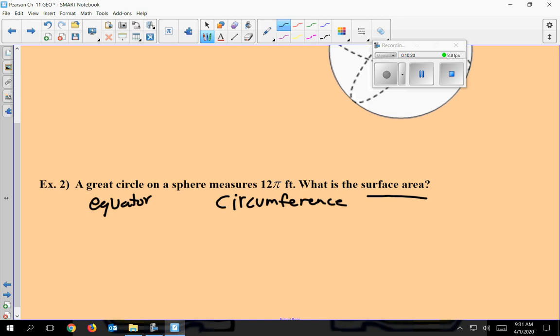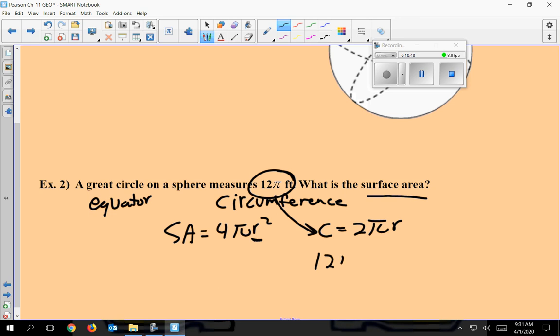To get the surface area of a sphere was 4 pi r squared. And basically they gave me the circumference. Well, circumference is 2 pi r. Well, for me to get the surface area, all I really need is a radius, right? So if I can understand the relationship here, that circumference is 12 pi, I can go ahead and do this.